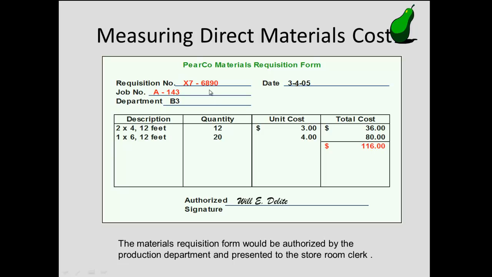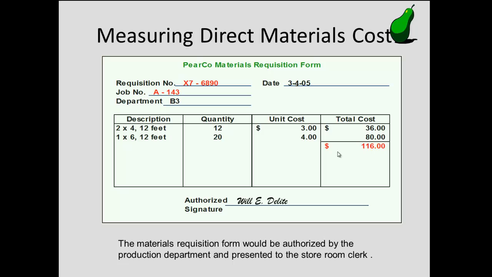So in this case, we have Pear Company's example when they request some materials, and it's $116 worth of materials that they need. They're going to go ahead and put those into service. Remember, inventory is going to be classified in 3 different ways with the manufacturer. We're going to have our raw materials, which have not been placed in service.